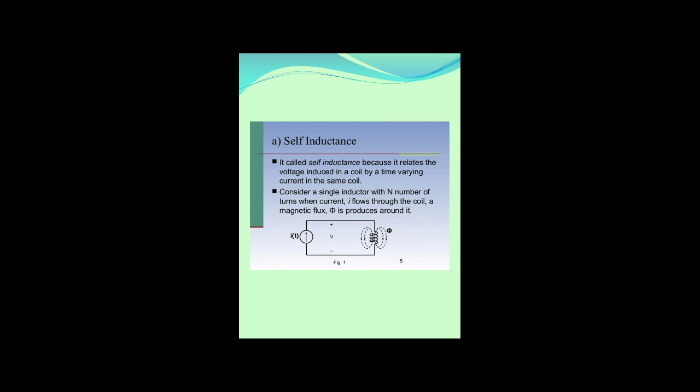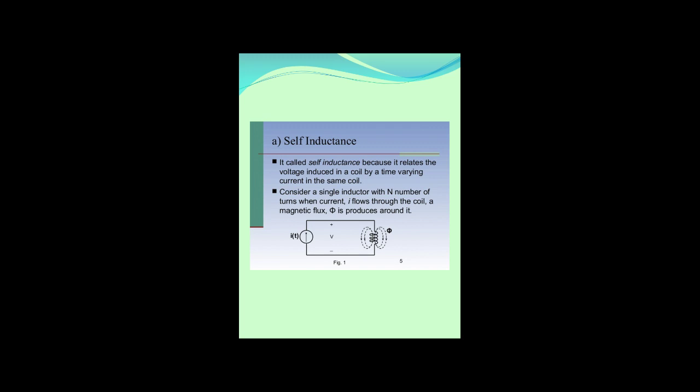Now first is self-inductance. Self-inductance relates the voltage induced in a coil by a time varying current in the same coil. We consider a single inductor with n number of turns. When current i flows through the coil, a magnetic flux phi is produced around it, which is shown in the circuit.